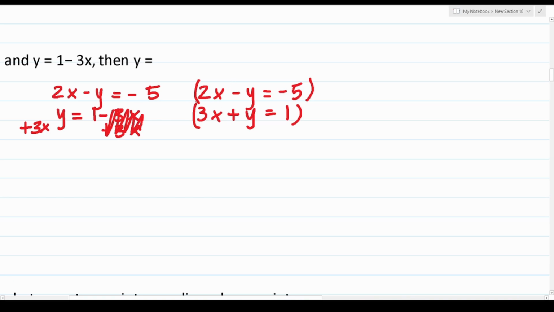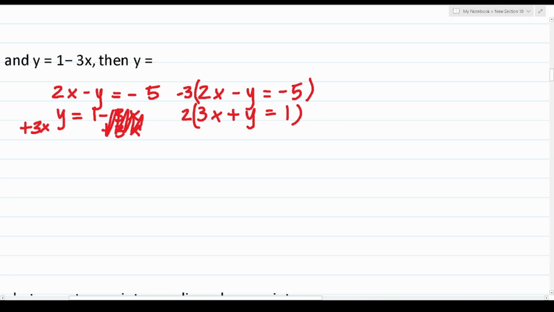And if we think about it, we can multiply this top equation by a constant of -3, and we can likewise multiply this bottom equation by a constant of 2, and -3 times 2x is -6x, whereas 2 times 3x is 6x. -6x plus 6x eliminates the x variable. So let's see what that looks like.